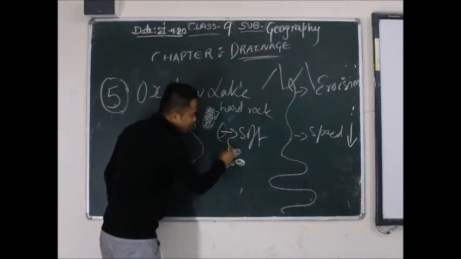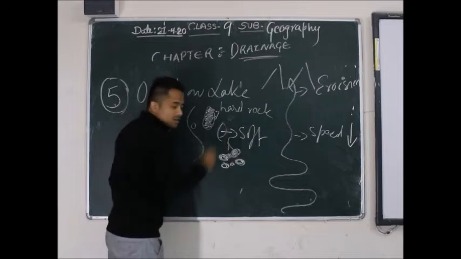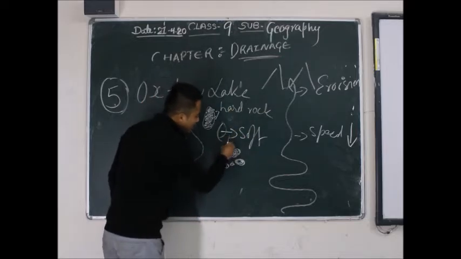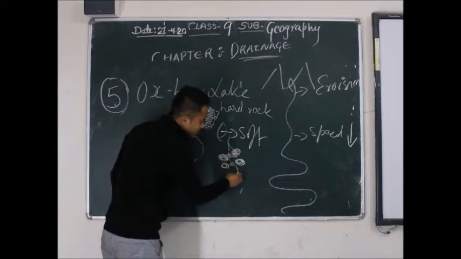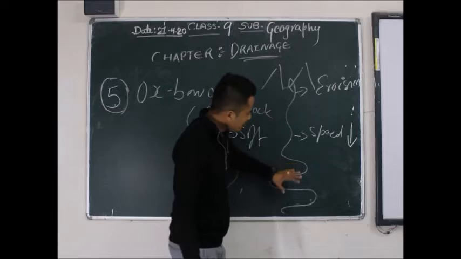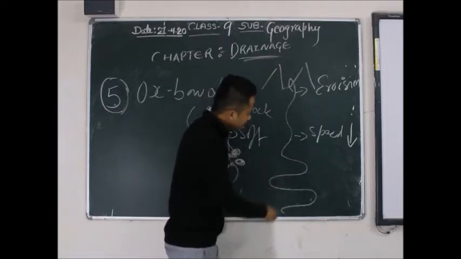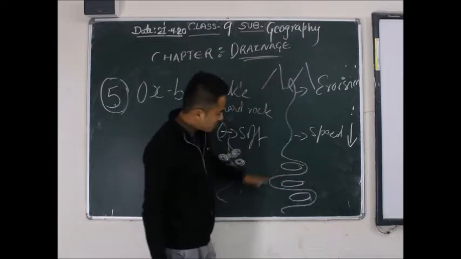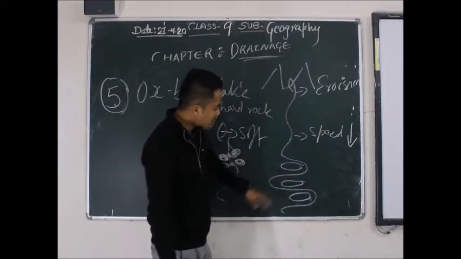The river will go to the areas where it can easily flow. In that manner, the river erodes the soft rock and creates its way. In this manner, in plains, the river spreads, and due to the hard rock it moves to the area where the soft rocks are present.